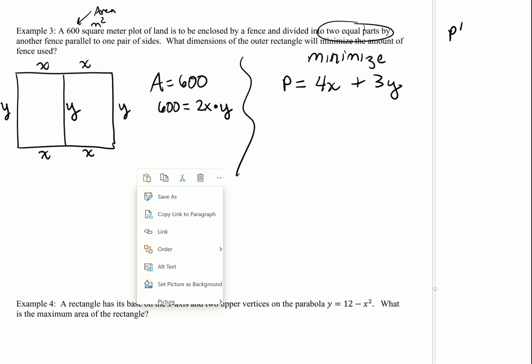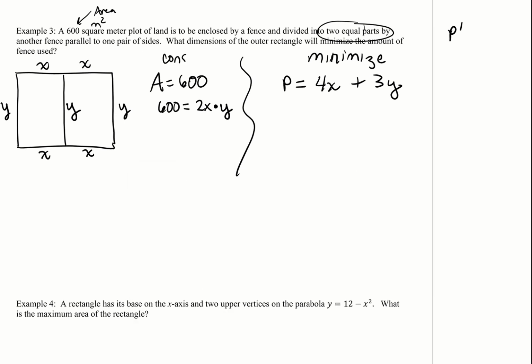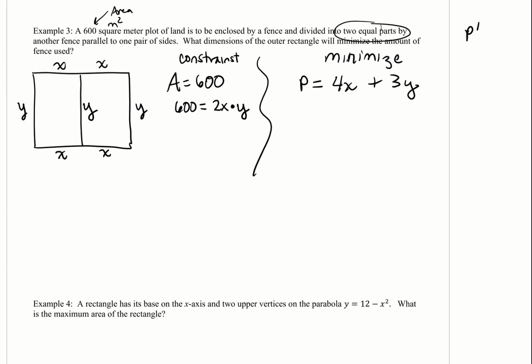So I'm going to use this constraint that I only have a certain amount of area to work with, and I'll use the constraint to change one of my variables. I can do this a lot of different ways, but maybe I'll solve for y. It doesn't actually matter. So y would then be equal to 600 divided by 2x, which is 300 divided by x. So I'm going to go to my perimeter, and I will rewrite y as 300 over x.